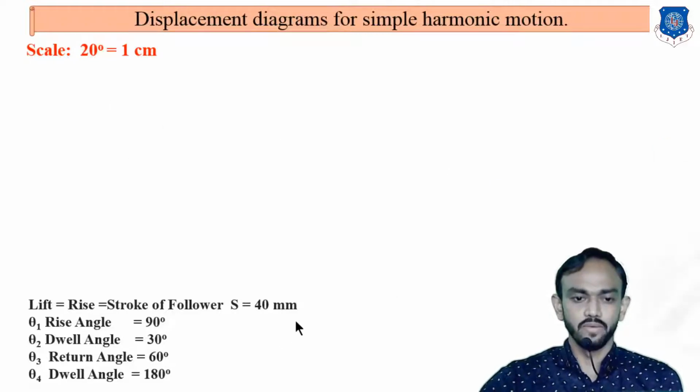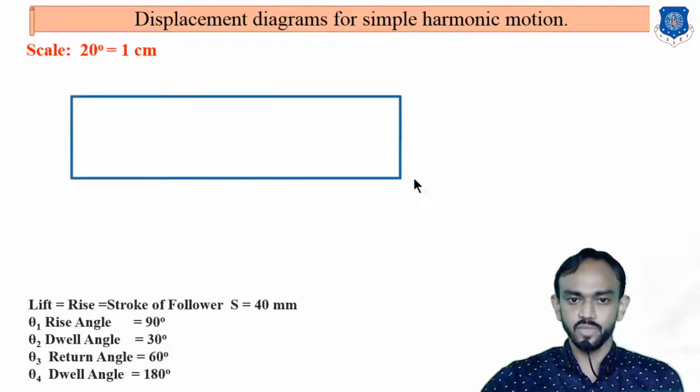So given data is there: rise or lift is 40 mm, theta 1 rise angle is 90, dwell is 30, return angle is 60, and again dwell is 180. First of all we have to make the rectangle of size 18 by lift. Why 18?